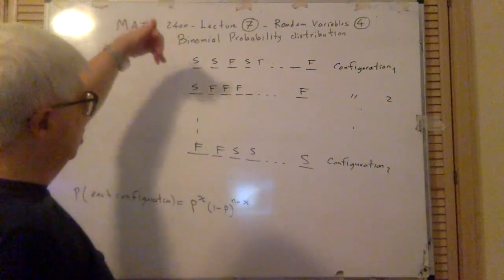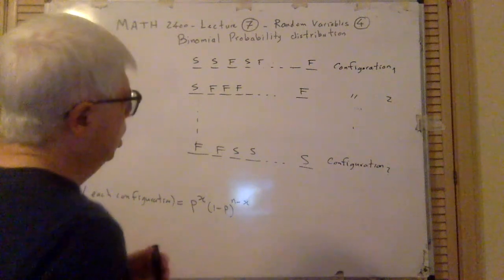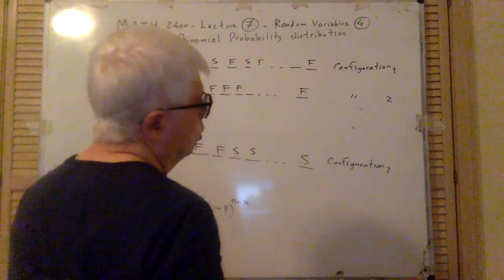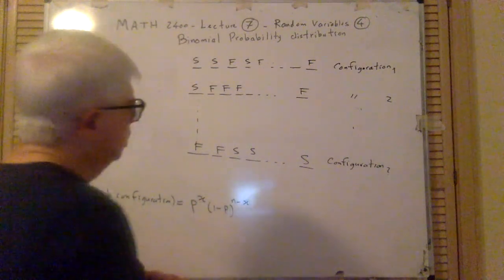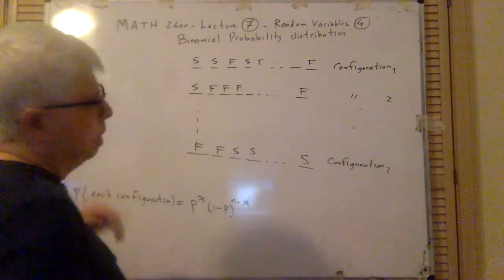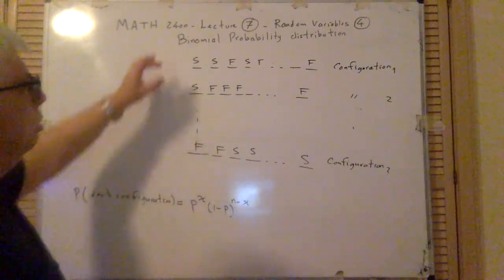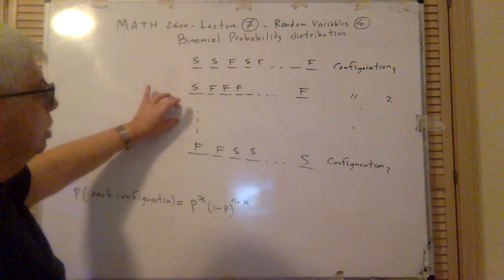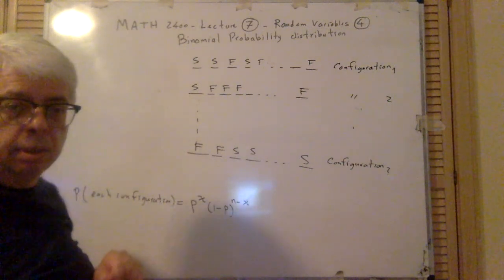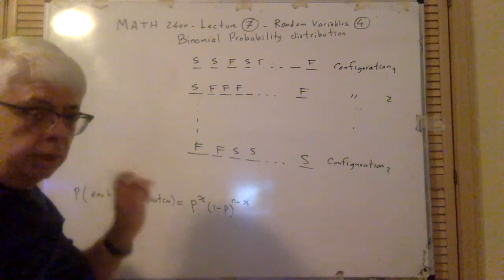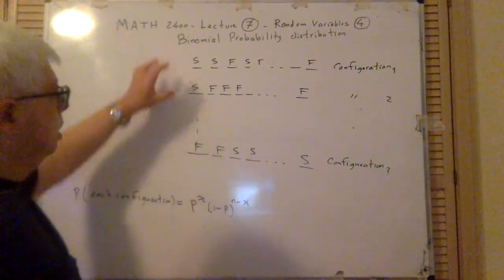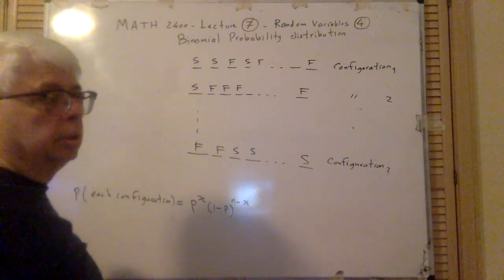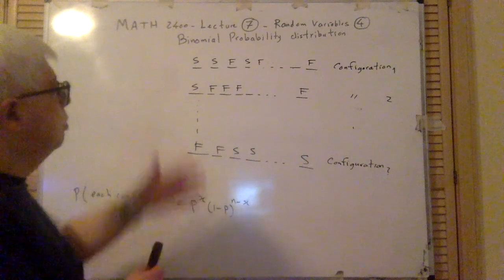Now let's look at them this way. We have configuration 1, configuration 2, and so on up to configuration question mark. And these are mutually exclusive. What does it mean? It means either this happens, or this, or this, or this, right? That's or. There's or between them. So if you toss the coin 5 times, one of them happens.